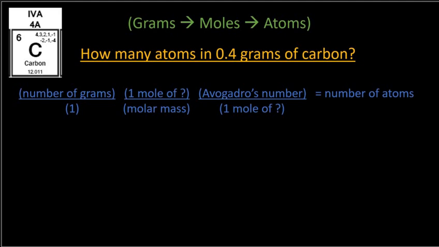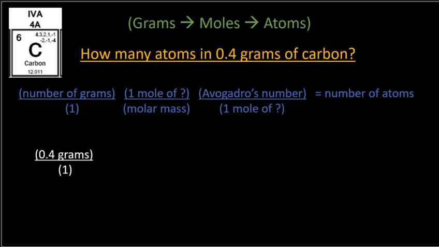So if your answer is not a big number, you've done something wrong. Now, you start out with what you have. You start out with your 0.4 grams. Okay, 0.4 grams. You are given that, and you simply put it over 1.